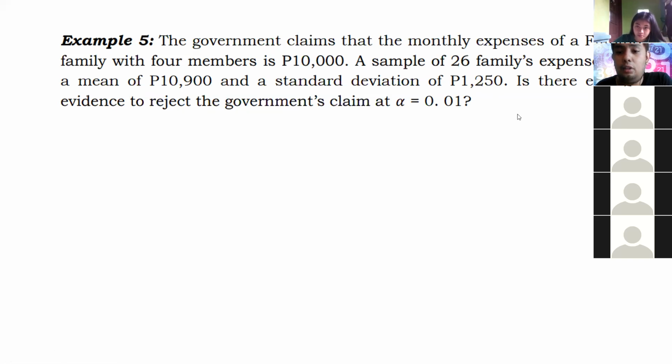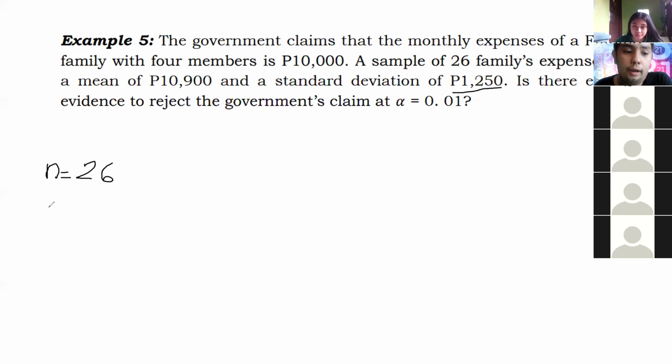Ilan ang n natin dito? 26. Correct. Since that's 26, not sure pa tayo kung z-test or t-test. We have to know muna ano ang given. Population standard deviation or sample standard deviation? Correct.